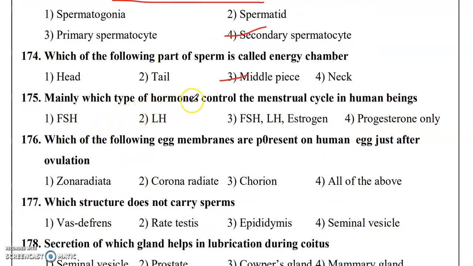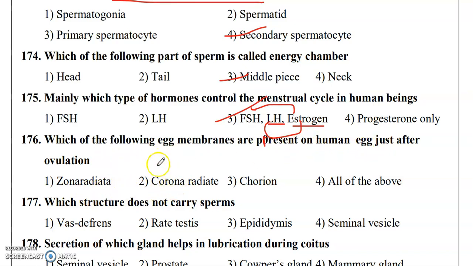Which hormone mainly controls the menstrual cycle in human beings? FSH is required for the development of follicles, LH for ovulation, and estrogen gives positive feedback for the formation of LH and negative feedback to FSH. Next, which egg membranes are present on the human egg after ovulation?